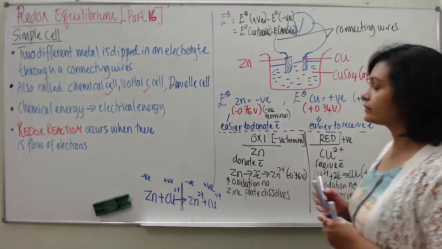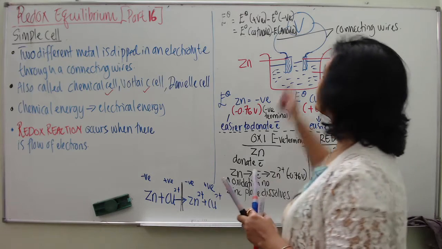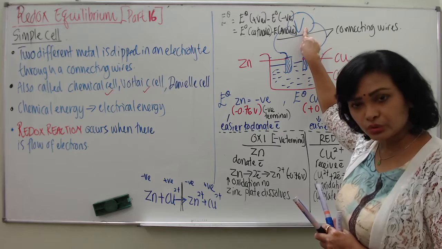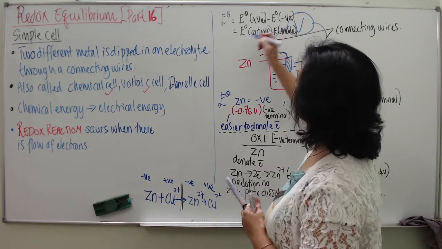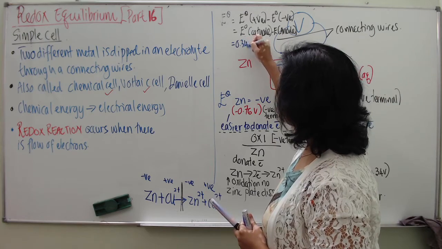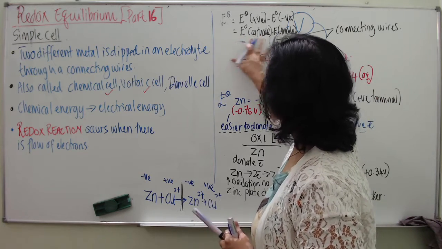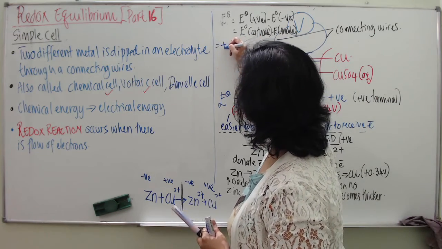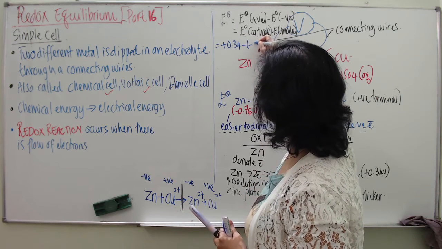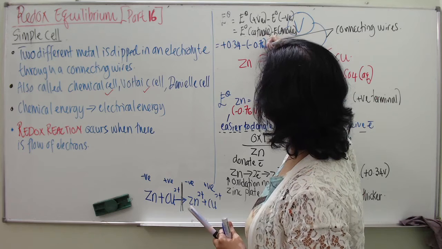So looking at this, we can determine how much is the value of the voltmeter that can be produced. So the value of the voltmeter will be 0.34. Let me write like this. Positive 0.34 minus negative 0.76 volt.